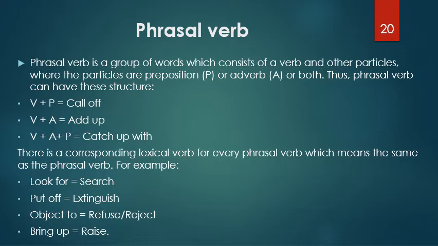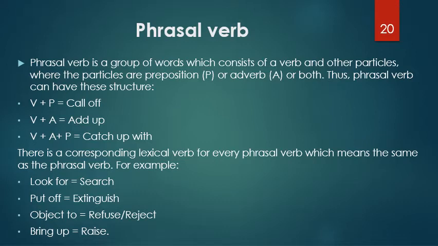And in certain instances, we can have separable phrasal verbs. Separable in the sense that one can decide to separate the verb and the particle with an object. For instance, can we see on the screen?